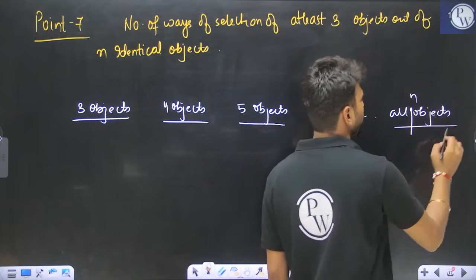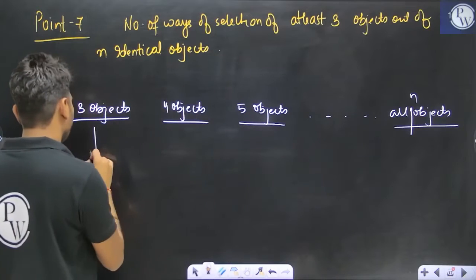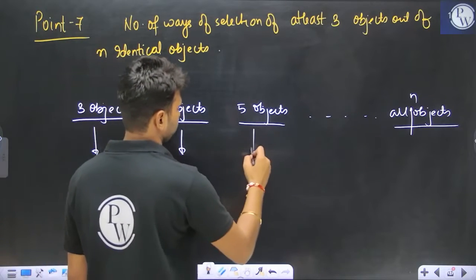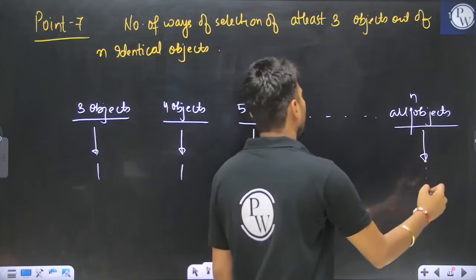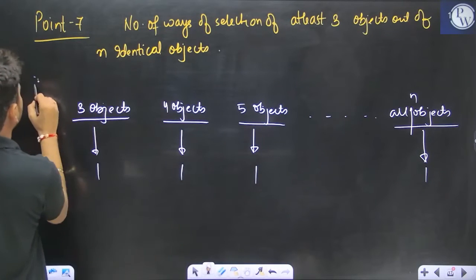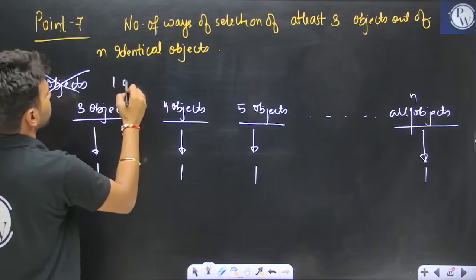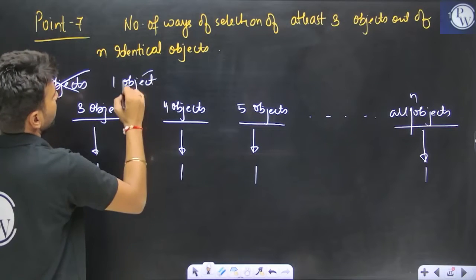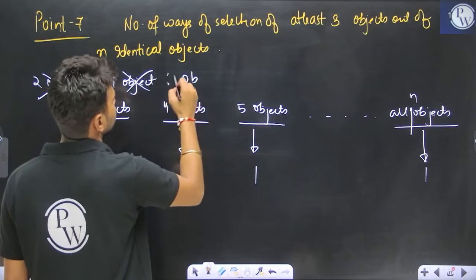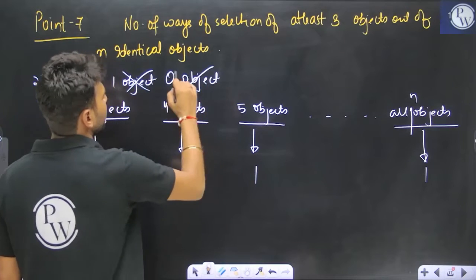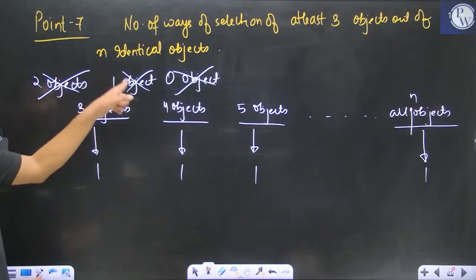Yes or no? Okay. So 1, 1, 1 is the number of ways for each and everything. Now understand, what we cannot do is, we cannot select 2 objects, we cannot select 1 object, we cannot select 0 objects. So ultimately from n plus 1 we need to remove these 3 cases.